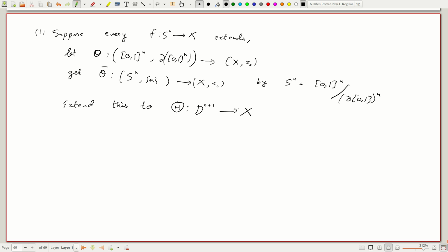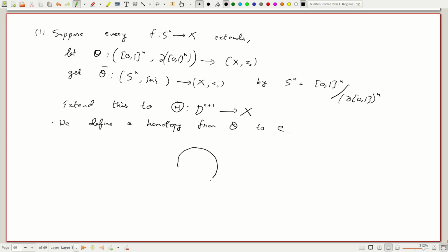Now that we have it, we can define a homotopy from theta to E, the constant map in the group. For that we use the same picture as we used before.